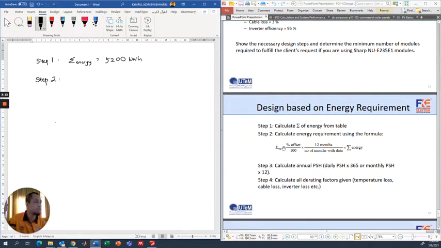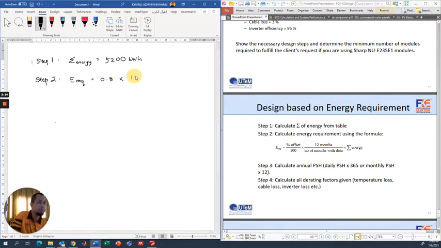we are going to calculate the amount of energy required. Since the client requested that he or she wants to offset 80%, the percent of offset is 0.8, and then we multiply using this equation here.